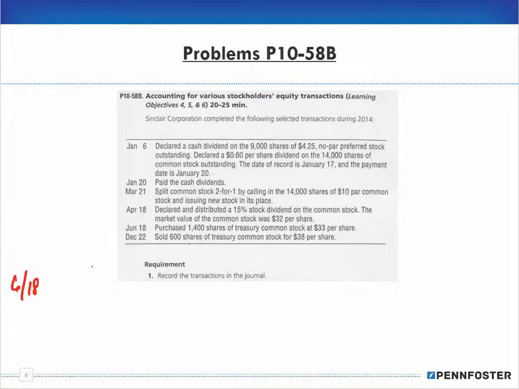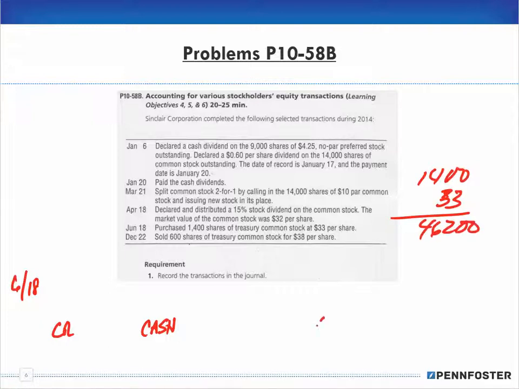Right. So we're going to credit our cash because we're buying the shares. Okay. And we're buying 1,400 shares at $33 a share. So that comes out to $46,200.